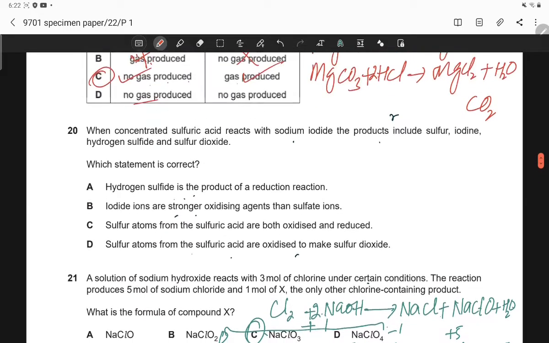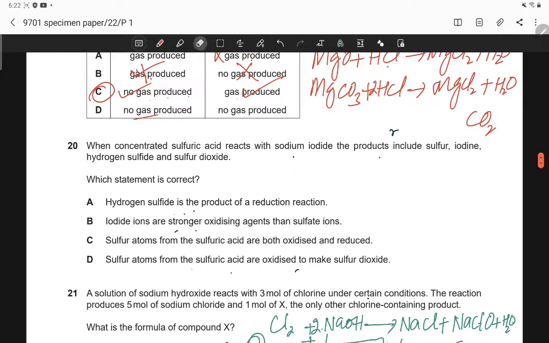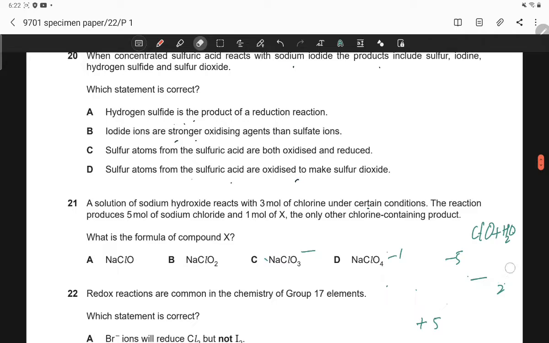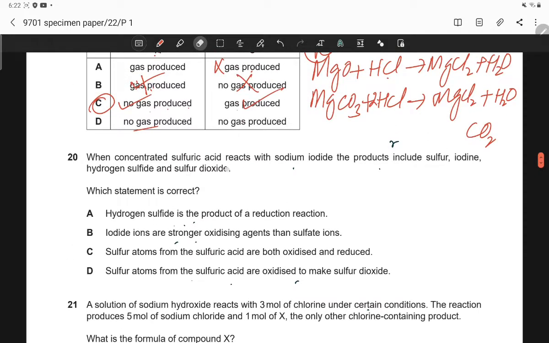When concentrated sulfuric acid reacts with sodium iodide, the products include... concentrated sodium iodide, NaI, plus sulfuric acid.